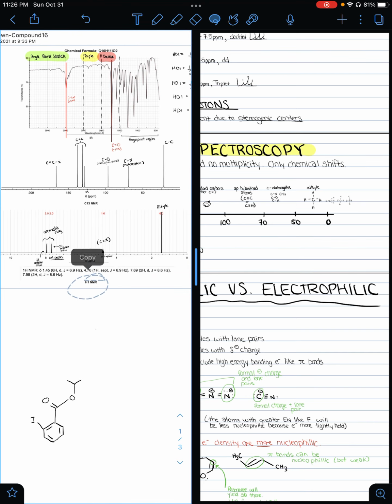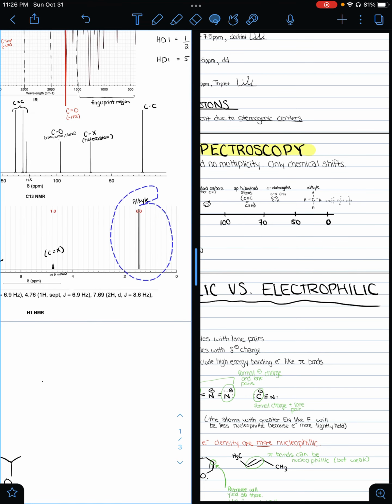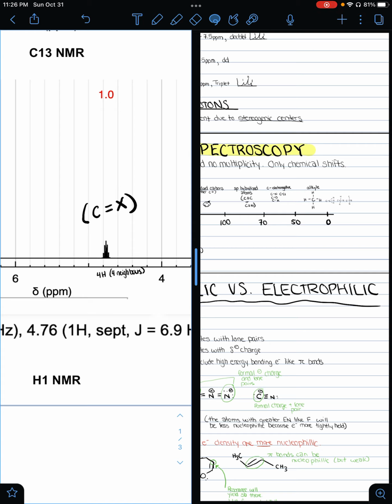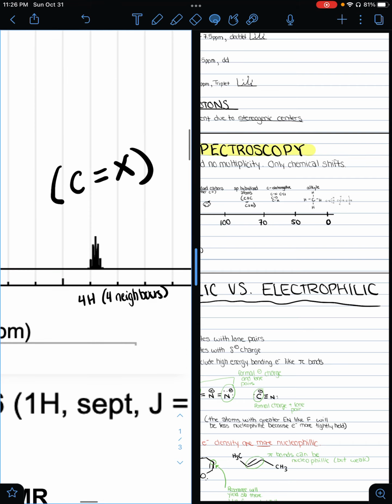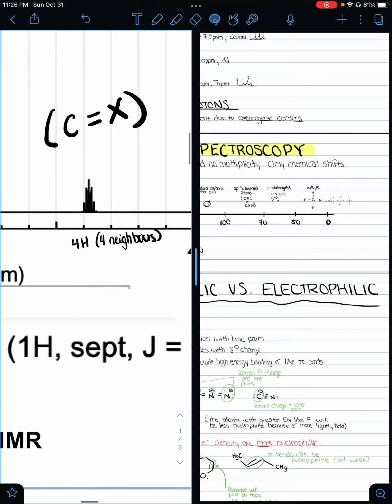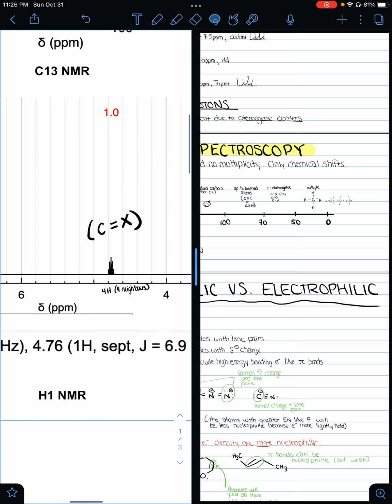Next, we have our hydrogen NMR. We have an alkyl group. What this tells us is that there is hydrogen within this environment. A hydrogen within this specific environment has 4 neighbors, so that means 4 other hydrogens of a different environment.